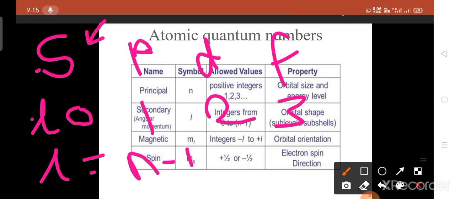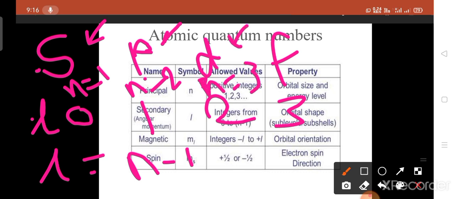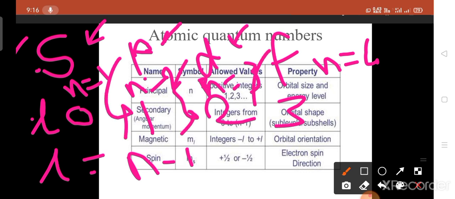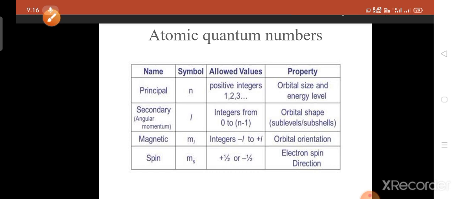In the s orbital n is equal to 1, in the p orbital n is equal to 2, in the d orbital n is equal to 3, and in the fourth, f orbital, the value of n is equal to 4. And n minus 1 means what? 1 minus 1 is equal to 0, 2 minus 1 is equal to 1, 3 minus 1 is equal to 2, and 4 minus 1 is equal to 3. Is it clear?